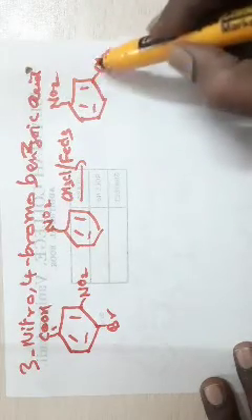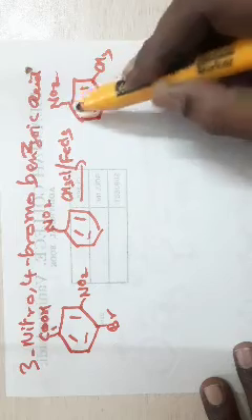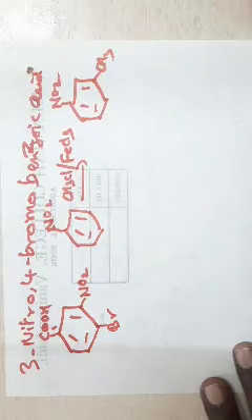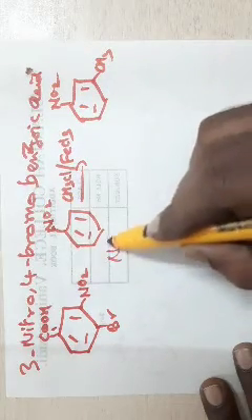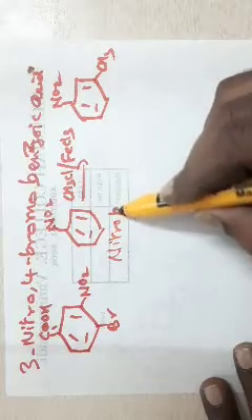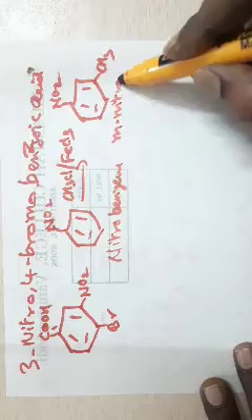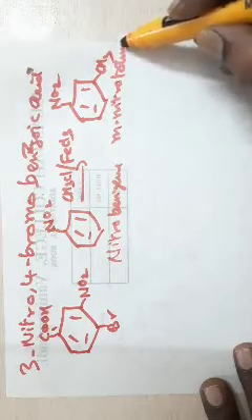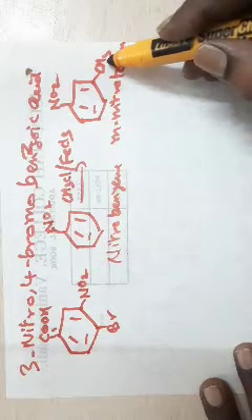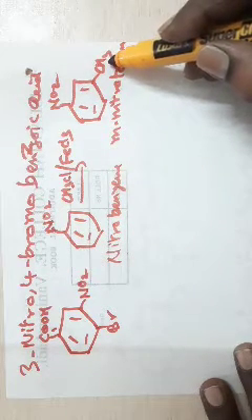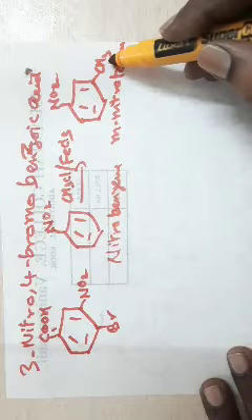With respect to the methyl group, you have the nitro group in the meta position. So nitrobenzene is first converted to meta-nitrotoluene by Friedel-Crafts alkylation reaction. The methyl group can be oxidized. It can be converted into a carboxylic acid group.